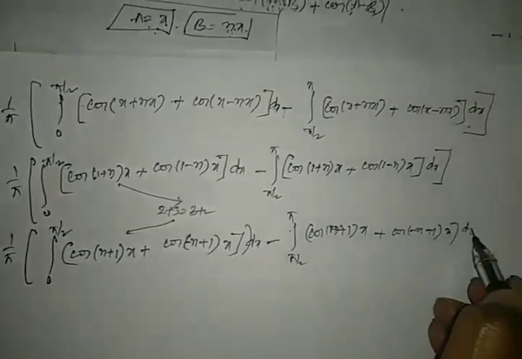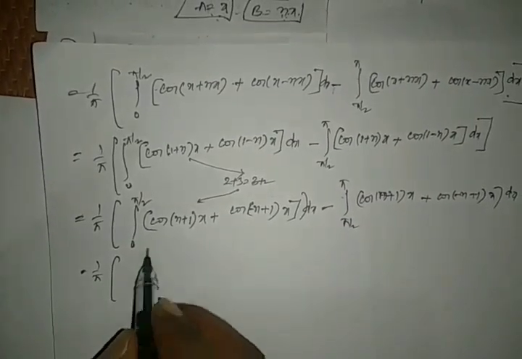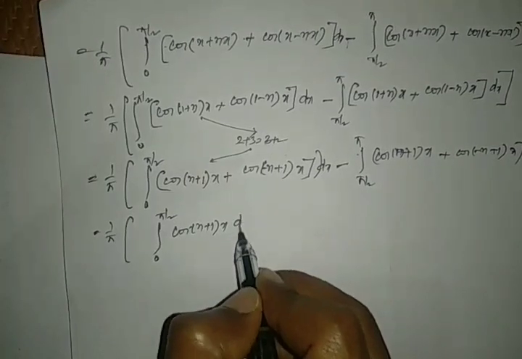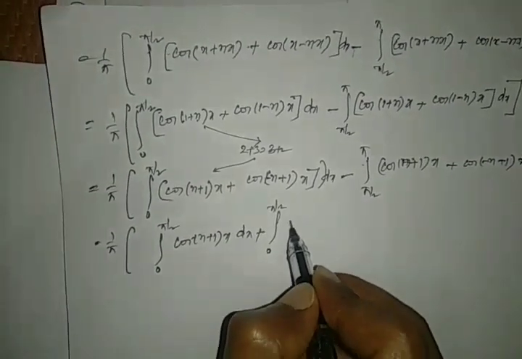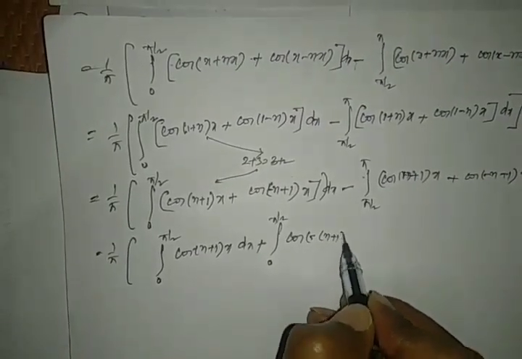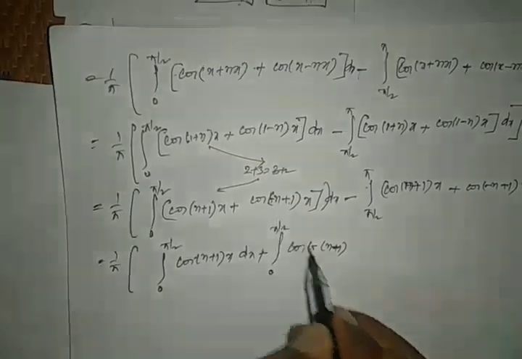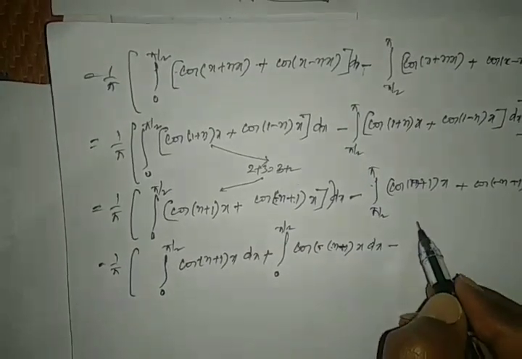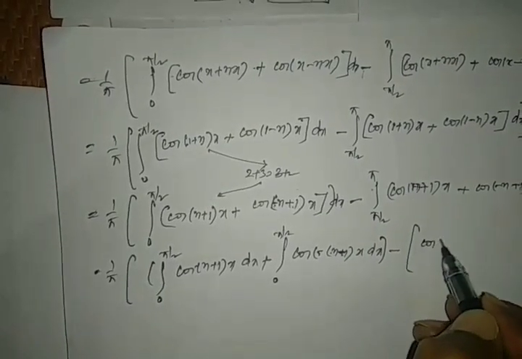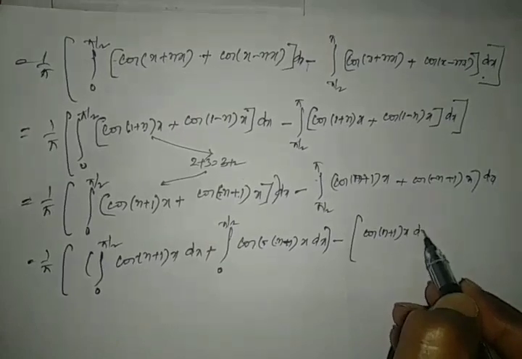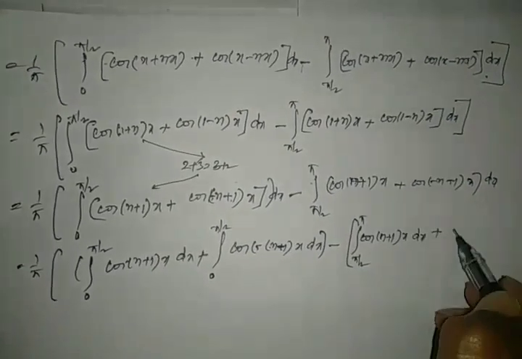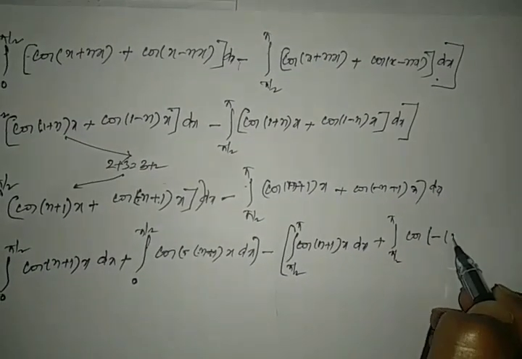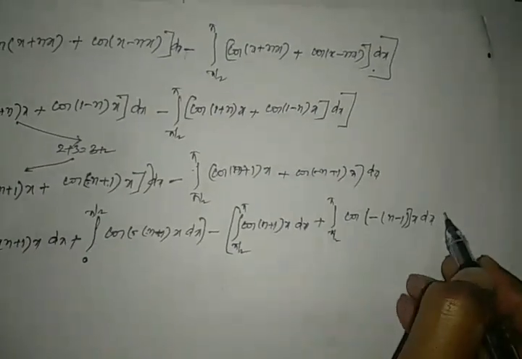into x into dx, that is equal to 1 by pi whole into, split the integration, integral 0 to pi by 2 cos of n plus 1 into x dx plus integral 0 to pi by 2 cos of, here minus is common, so minus of n minus 1, here minus, here plus, taking minus common, the symbols are reversed, into x dx, minus of cos of n plus 1 into x dx, here the integral is pi by 2 to pi, plus integral pi by 2 to pi cos of, here also minus common, minus of n minus 1 into x into dx.